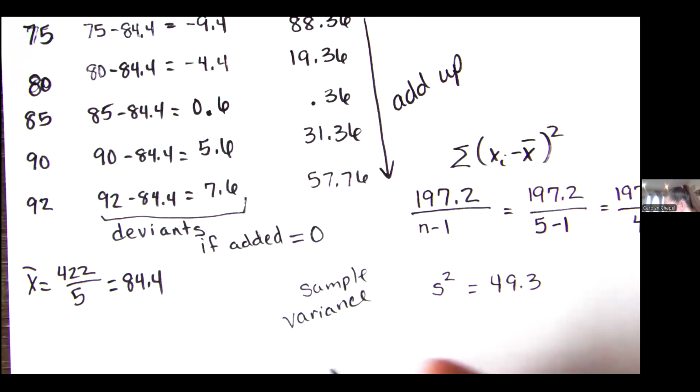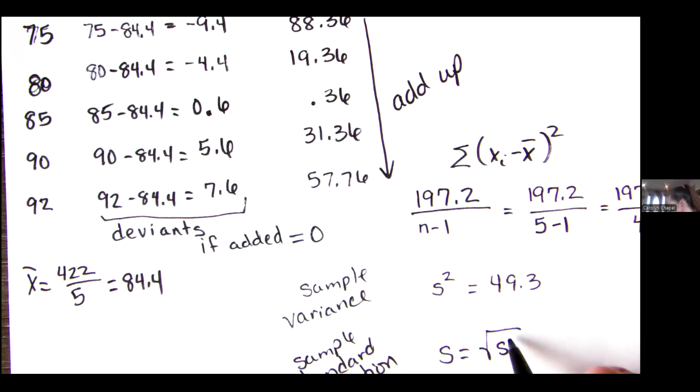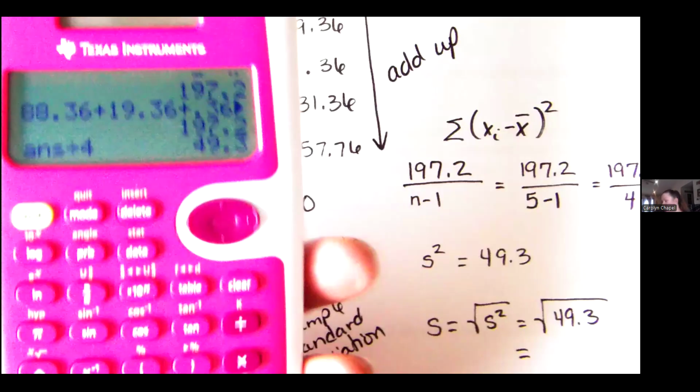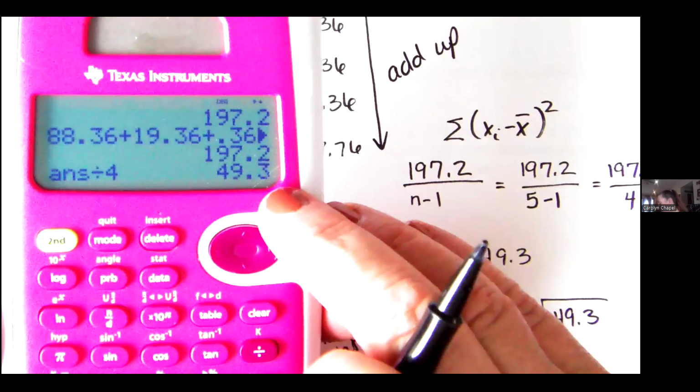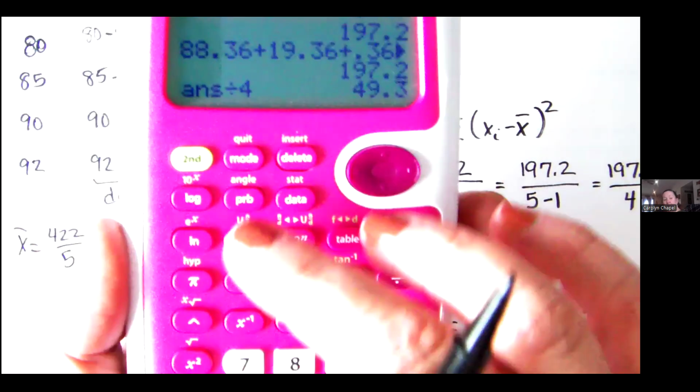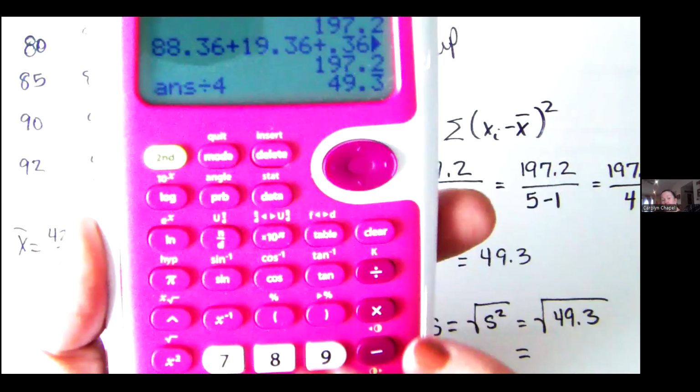If I want my sample standard deviation, I'm going to take the square root of this number. So using my calculator, so I have my 49.3 in there, my square root button is kind of above the x squared, so I have to do a second function and then hit that button.